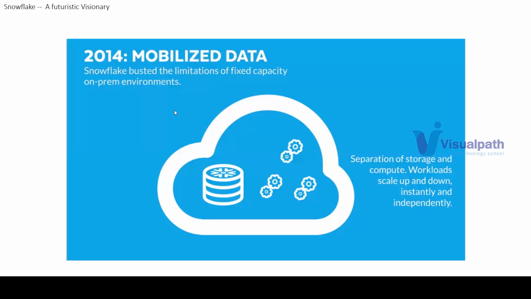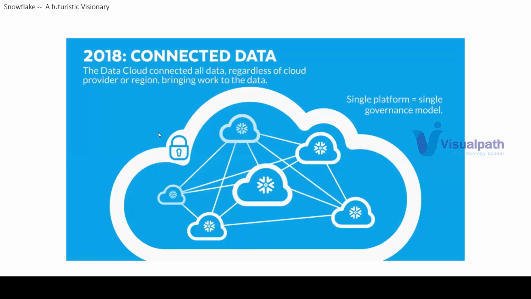They started in 2014, when they started moving the data to the cloud. On-premise data has been moved to the cloud. This is one thing. The second thing is that they started connecting the data across all the regions, so no matter whether your data is in the US, India, or other places, your data is brought together and used by people across the globe.